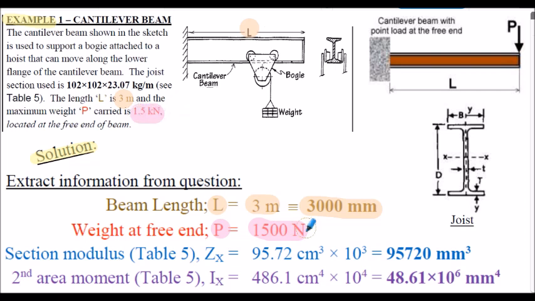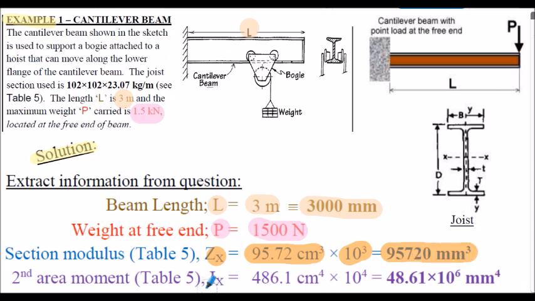And we know from the previous slide, the section modulus from table 5 is 95.72 centimeters cubed. We need to multiply that by 1,000 or 10 cubed from our unity bracket conversion. So the ZX value is 95,720 millimeters cubed.